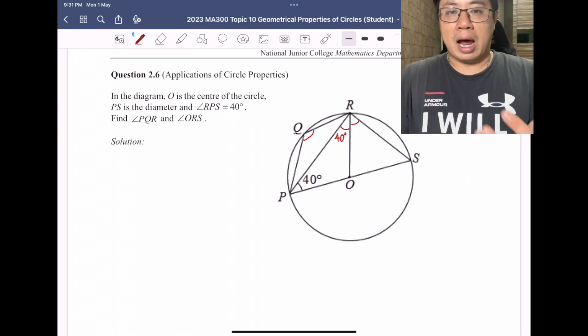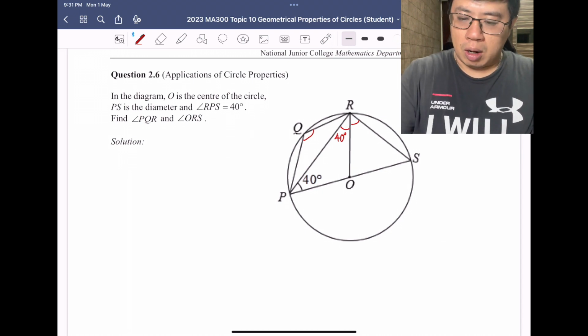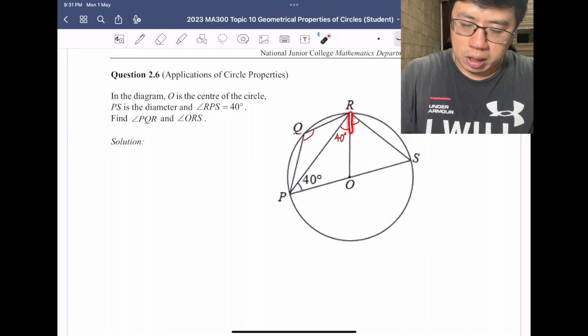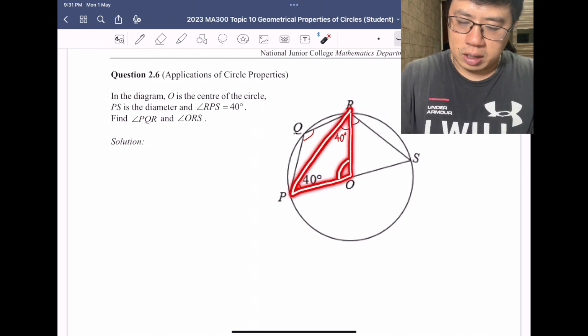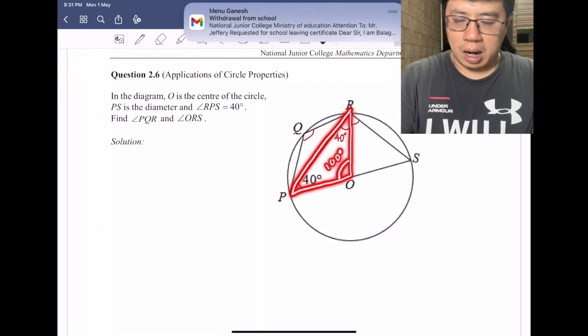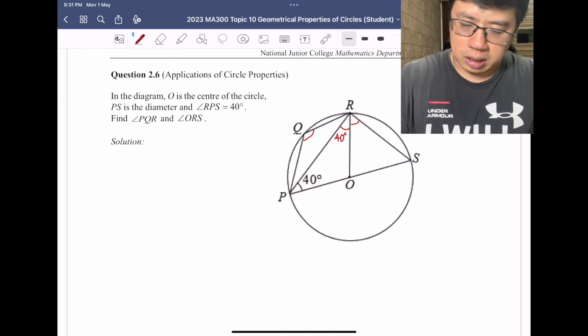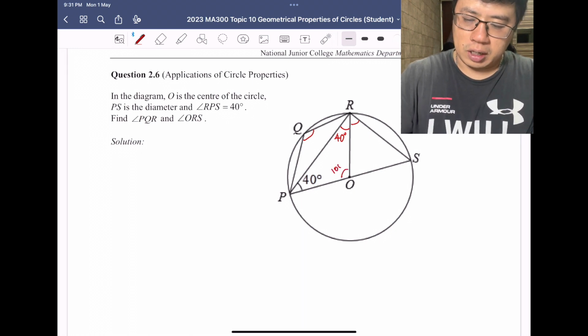So the more I have, the more I will label. Now, looking again at this triangle, using the sum of angles in the triangle, this will be 100 degrees, since it has to add up to 180 degrees. Okay, so this will be 100 degrees over here, right?